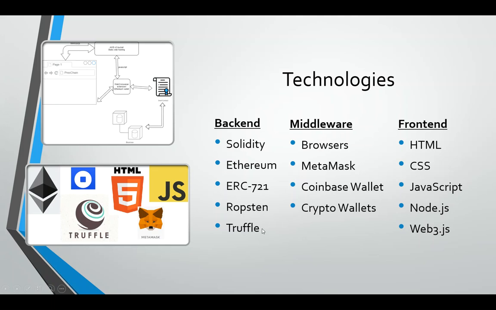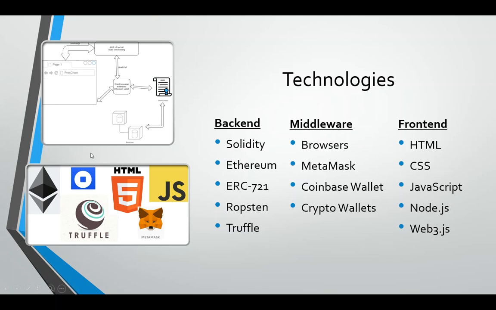Truffle allows you to create a local blockchain on your local system. So the middleware, I put in here, middleware is your browsers, your MetaMasks, Coinbase wallets. All of these are intermediaries between the Web3 element, which is the blockchain, and the standard that people use on a day-to-day basis, which would be their web browser.